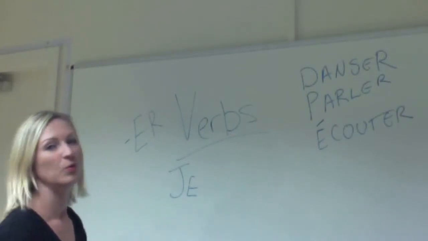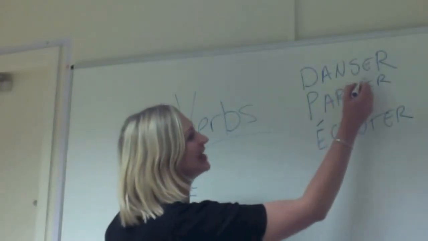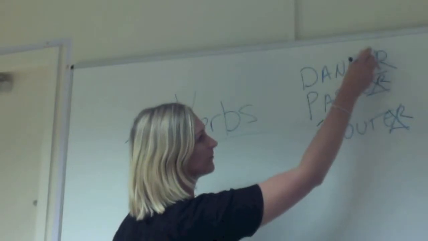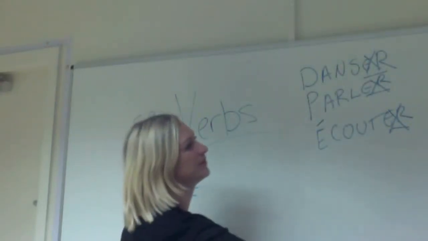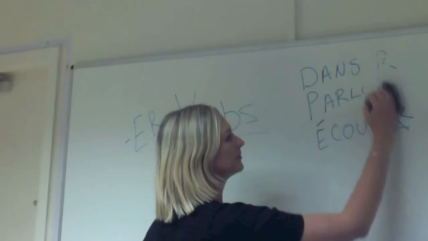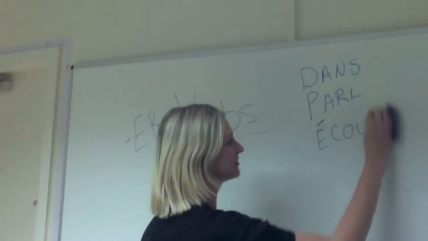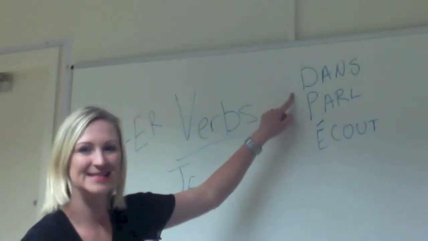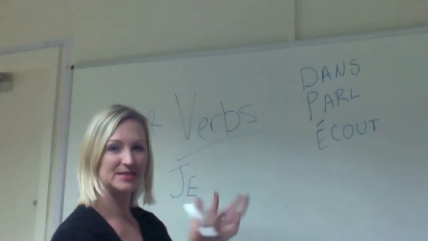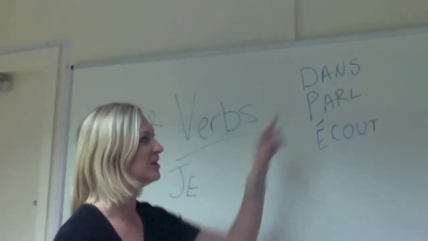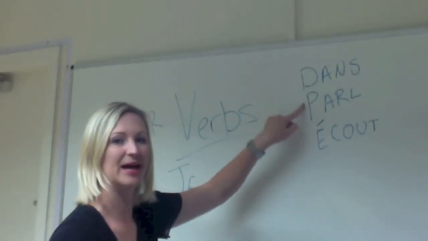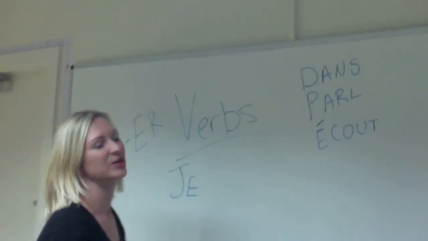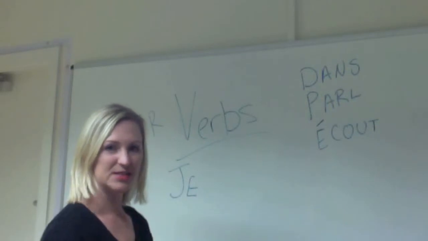What you do is you take off the ending, and what you're left with is a stem. So imagine taking off the pretty petals at the end of the flower and you're left with the stem. Danse, parle, écoute. That is your stem. And you have to add on the endings that match the person.